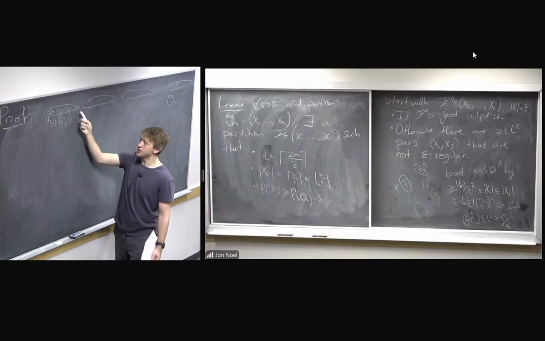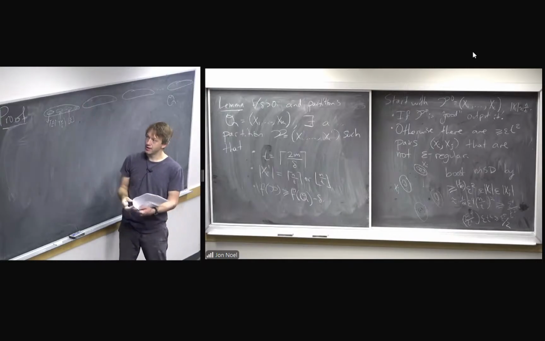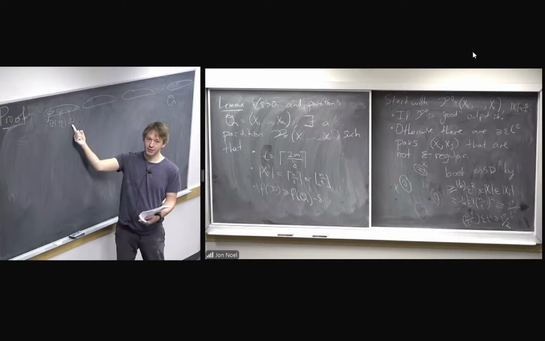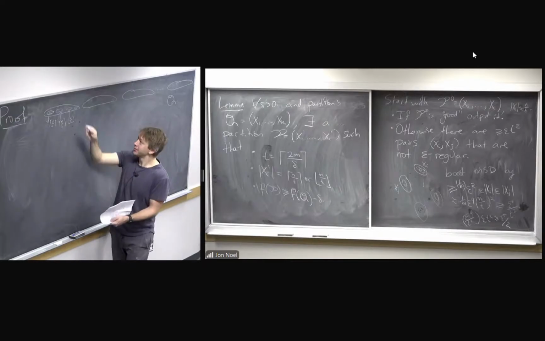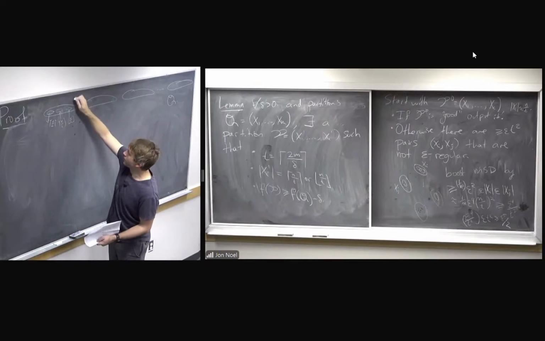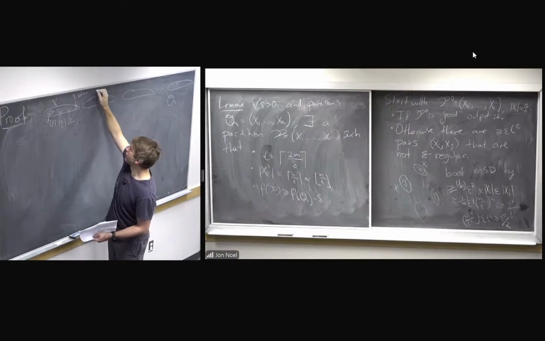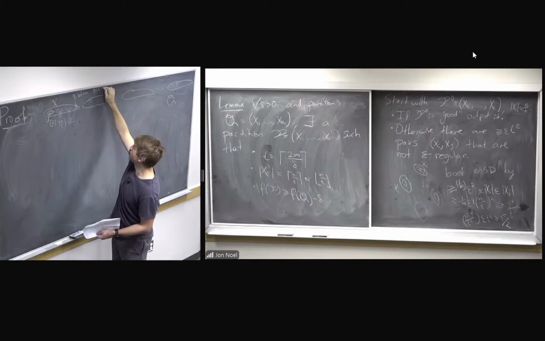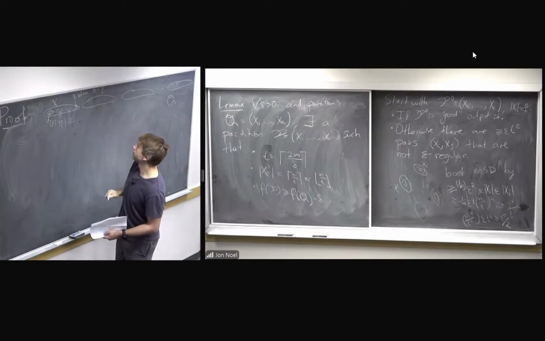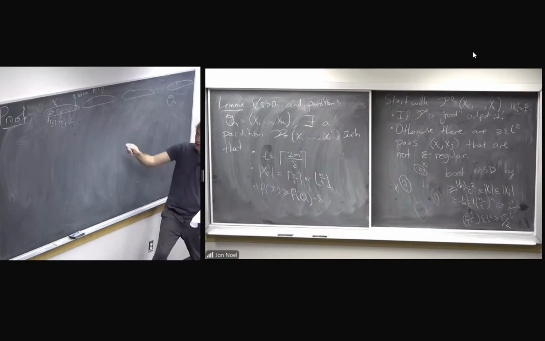Once the number of things left is strictly less than n over t floor, then you can't keep going. So here I've got a leftover set. Let's say this is x1. This is my leftover set y1, of leftover vertices. And the size of y1 is less than n over t. And just keep doing that.